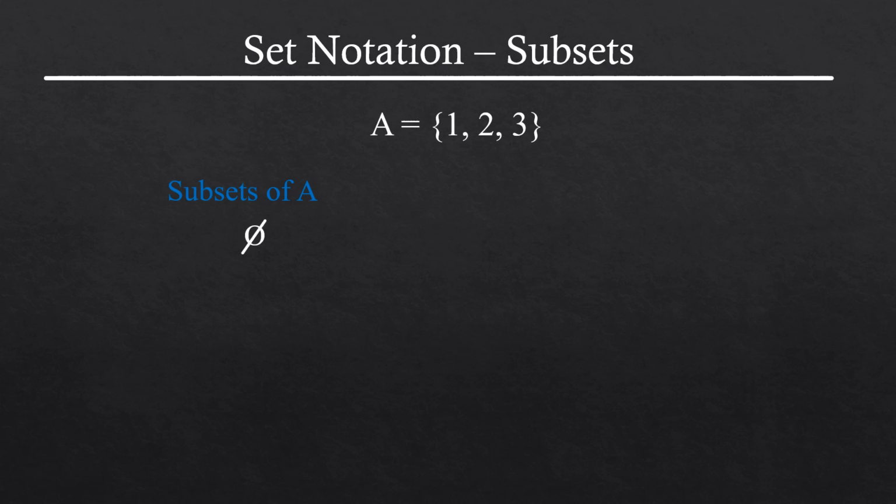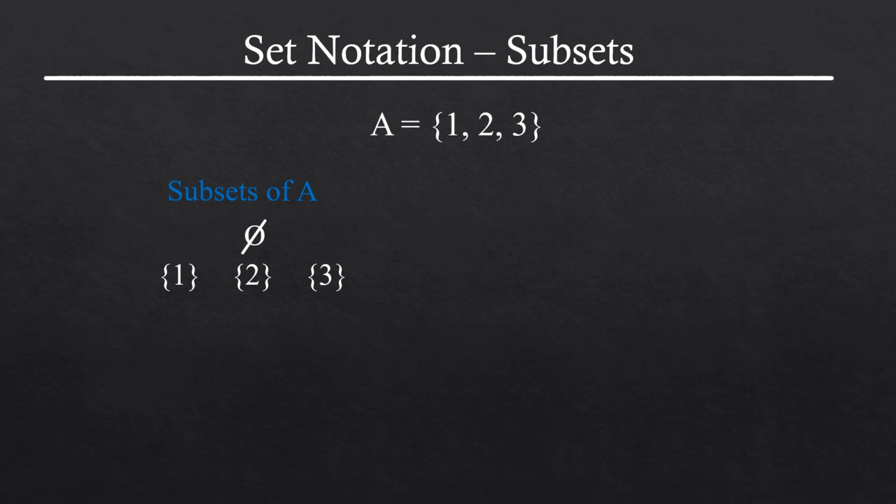Well, the empty set is always a subset of A. Okay, of any set, the empty set is always a subset. Then you always have a set that contains each individual element. So I have individual element 1, element 2, element 3.